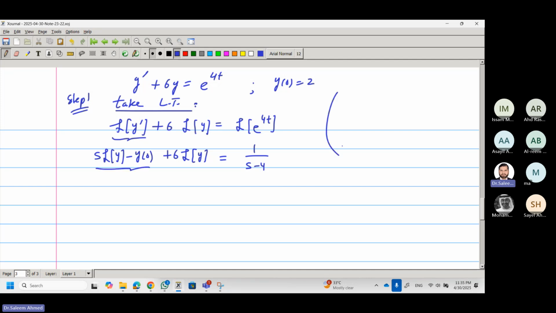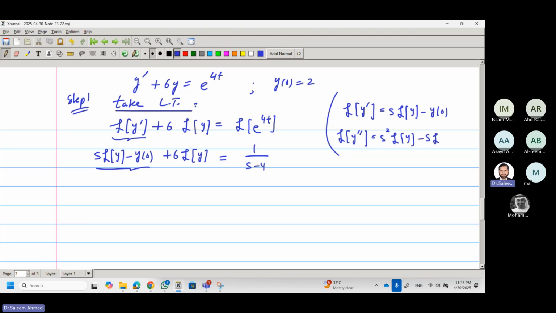Laplace transform of y double prime, if you need that, will be s squared Laplace of y minus s y(0) minus y prime(0).